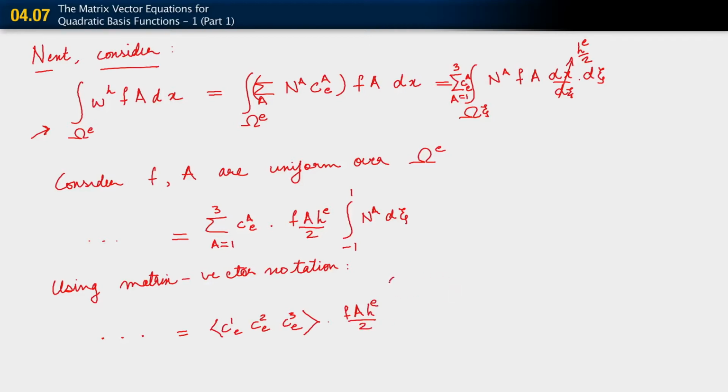Now we get a vector here, and the first component is the integral from minus 1 to 1 of N_1, which we already know is 1/2 xi times (xi minus 1), dxi. For component 2, the integral from minus 1 to 1 of N_2, which is 1 minus xi squared, dxi. And the third component is the integral from minus 1 to 1 of 1/2 xi times (xi plus 1), dxi.